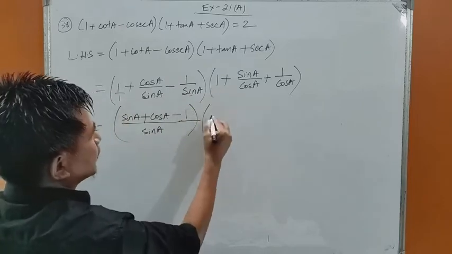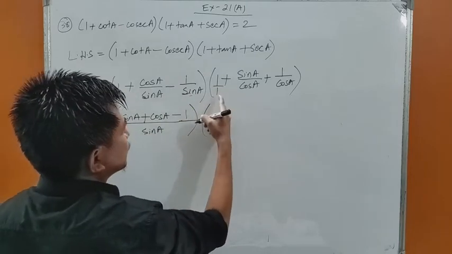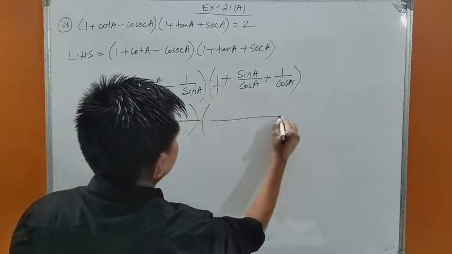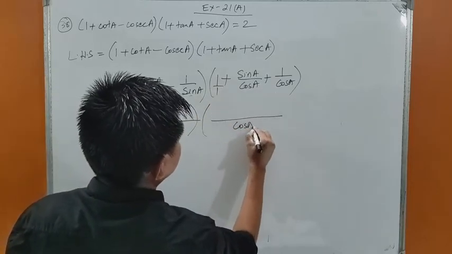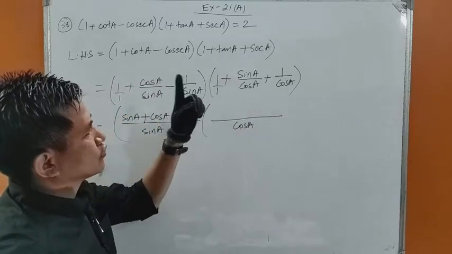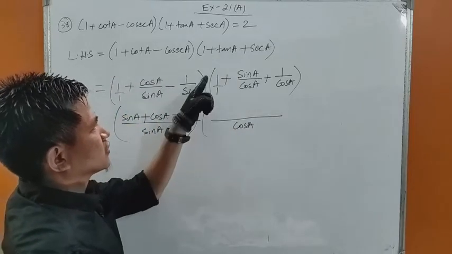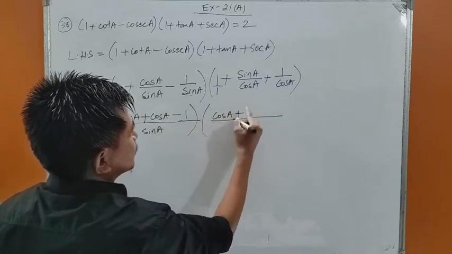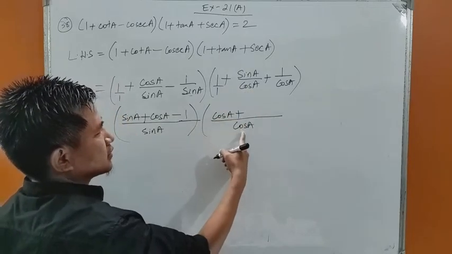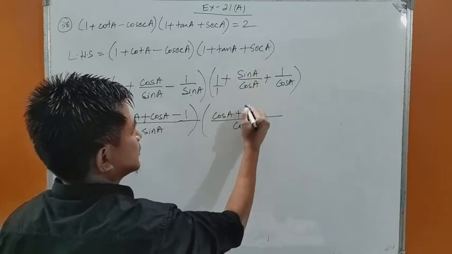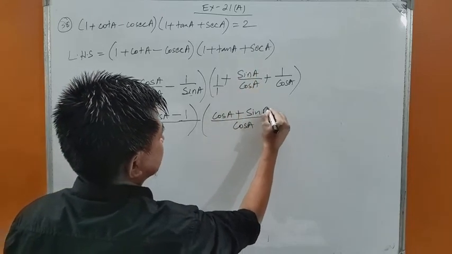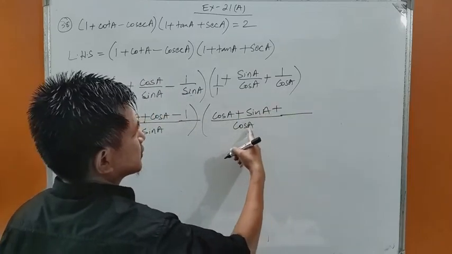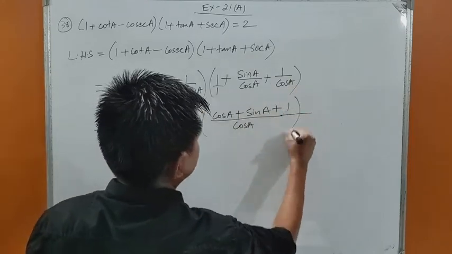And in the other one, the LCM of 1 and cos A will be cos A, isn't it? So cos A into 1 is cos A, plus sin A, plus cos A into 1 is cos A, so 1 into 1 is 1.